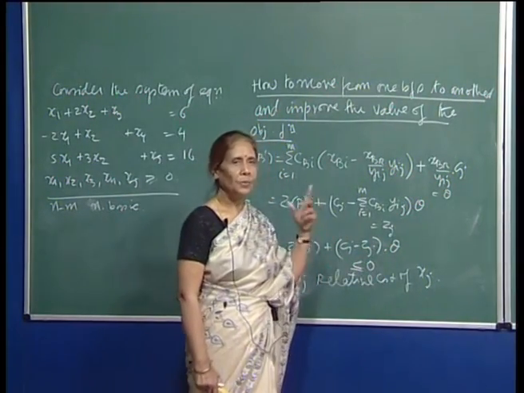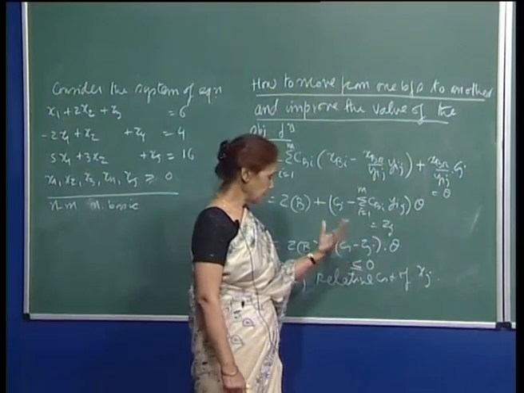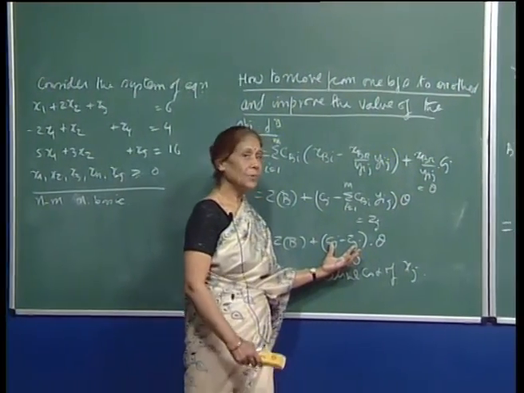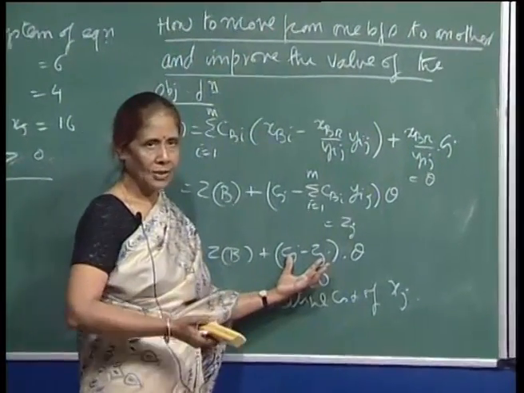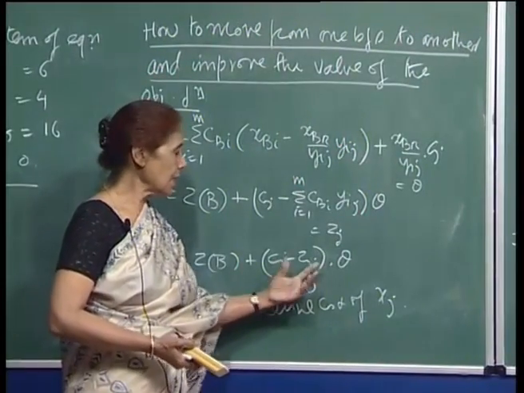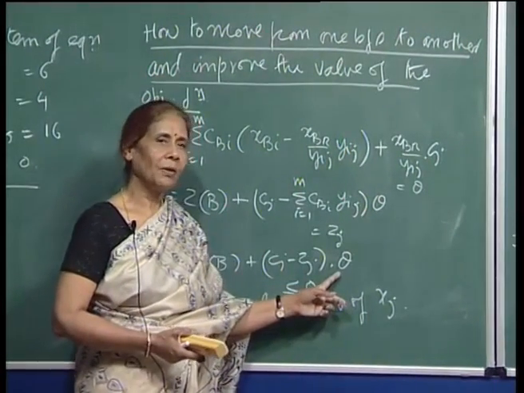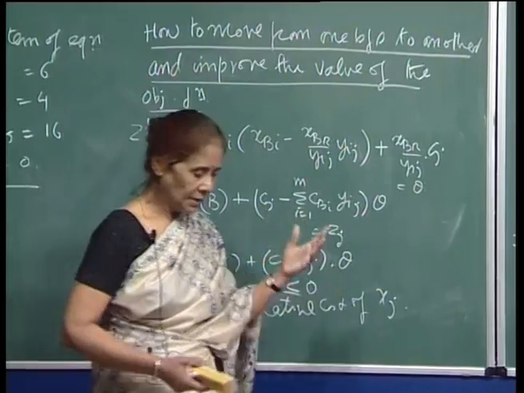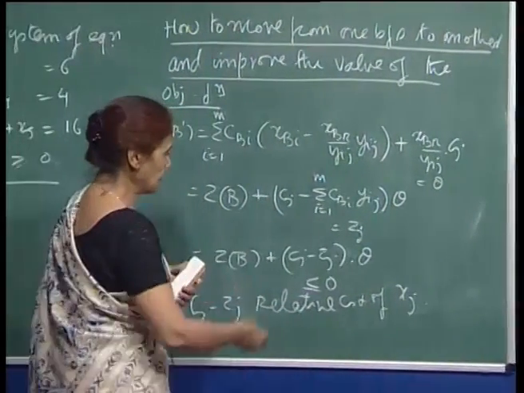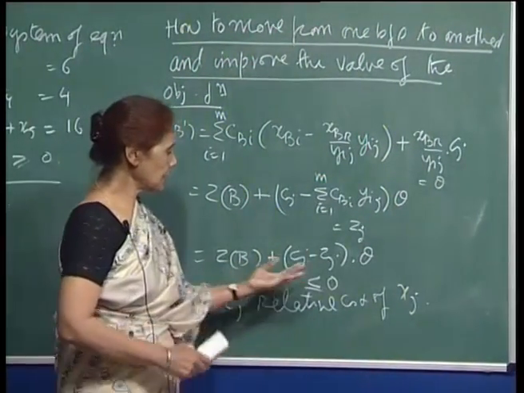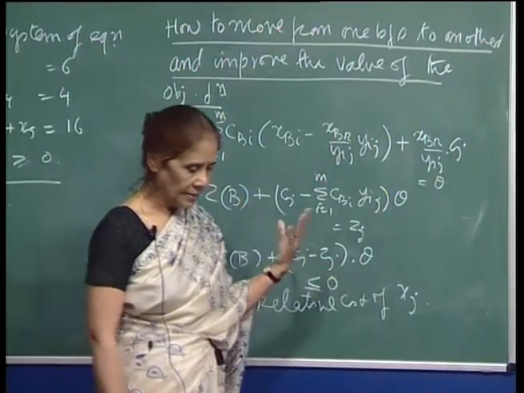So, a non basic variable for which C j minus Z j is very small, that means in magnitude it is large, it is a negative number, but the corresponding theta may be small.